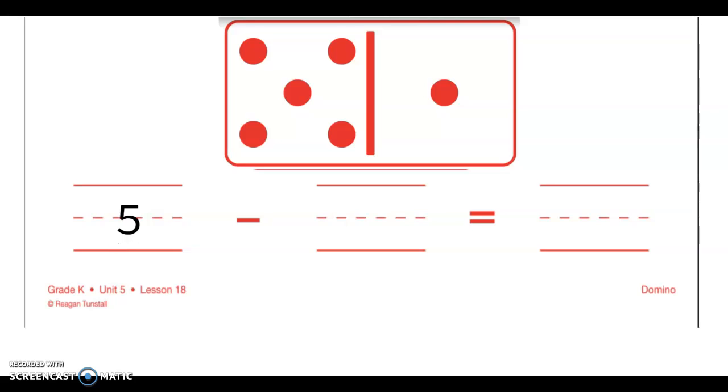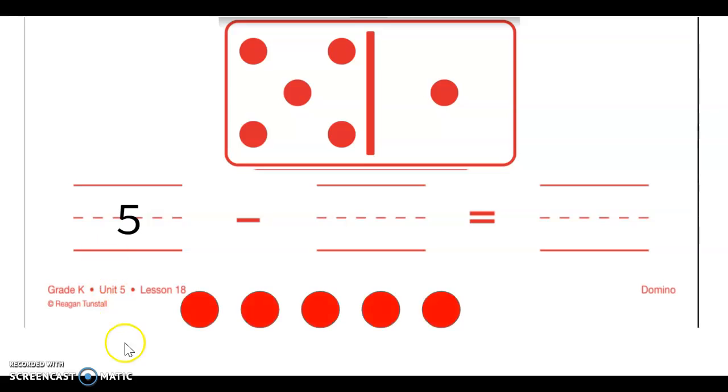So let's put our 5 counters down at the bottom. Now, what is our next quantity? How many is in the next side? 1. So where is 1 going to go? It's going to go after the minus sign. Good job. Why? Because it is the smaller number. Good job. So if I have minus 1, how many counters do I need to take away?